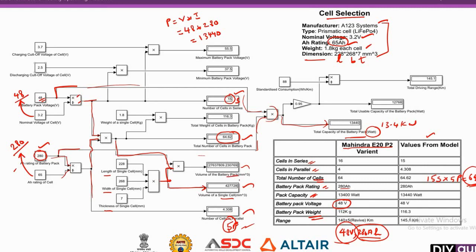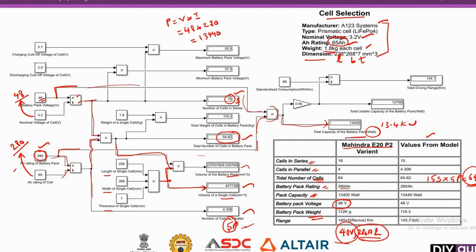Also I can easily find the weight of the battery pack. See here, the weight of the single cell is given as 1.8 kg. So to find the total weight, you just multiply the total number of cells in the battery pack by the weight of the individual cell.